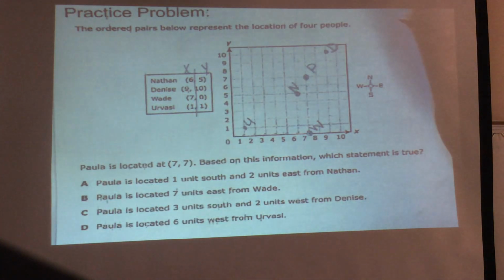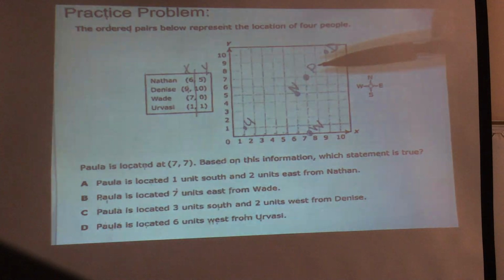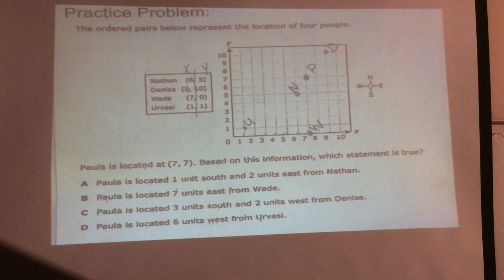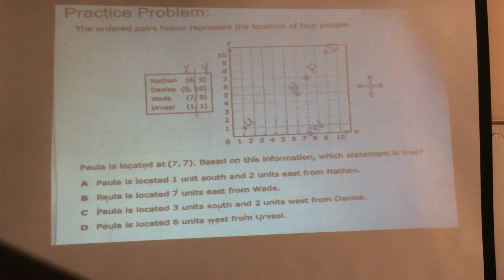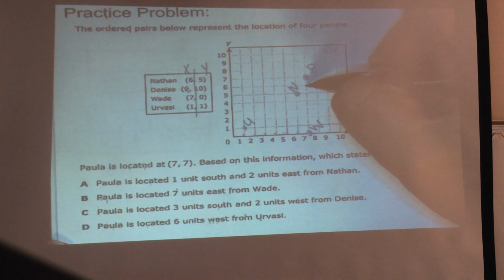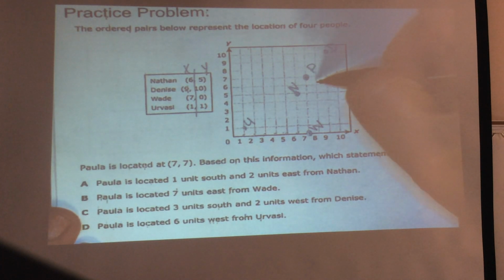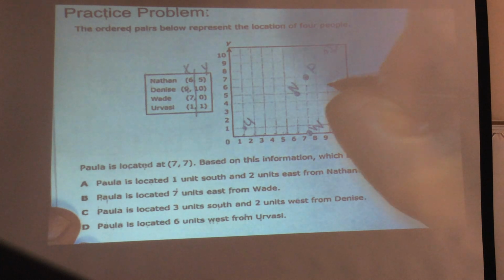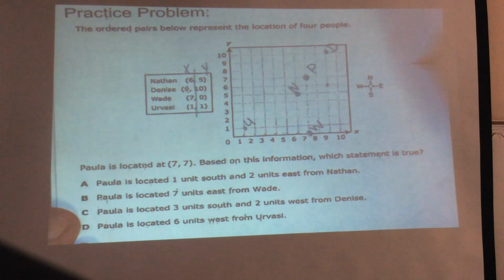Alright. So A says Paula is located 1 unit south and 2 units east from Nathan. So let's find Paula. 1 south, 2 east. 1, 2. Is that where I want to be?